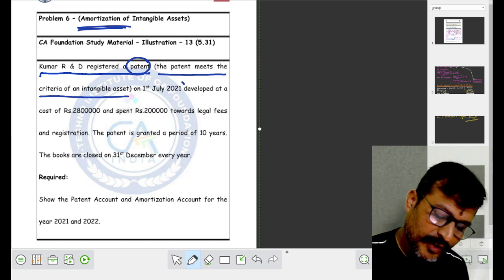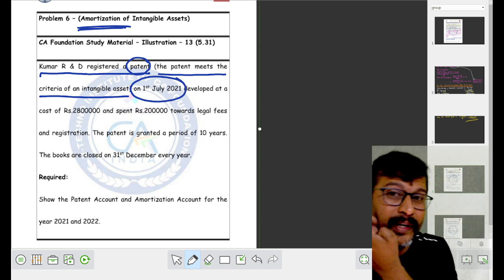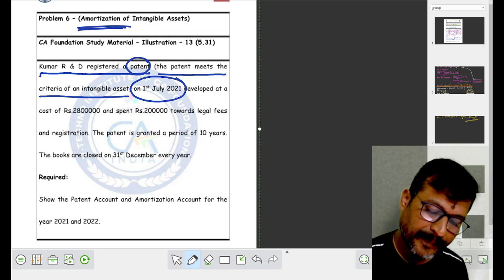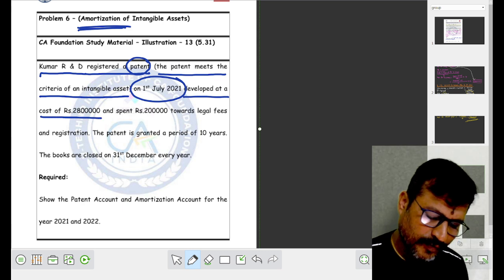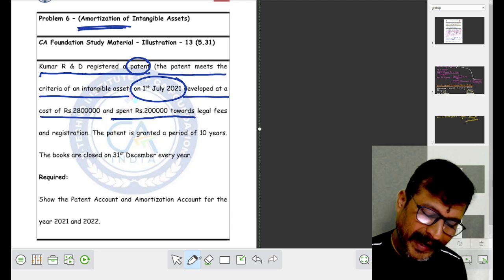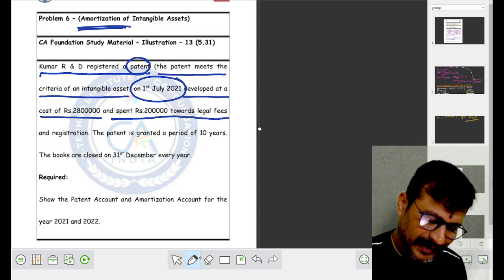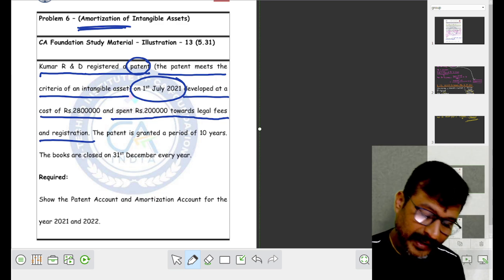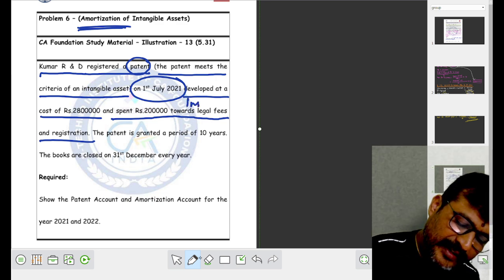On July 2021, developed at a cost of rupees 28 lakhs, spent 2 lakhs on its legal and registration charges. Legal and registration charges is nothing but the installation.